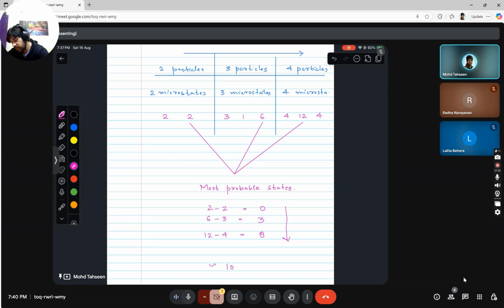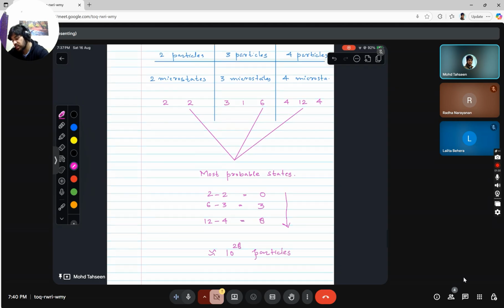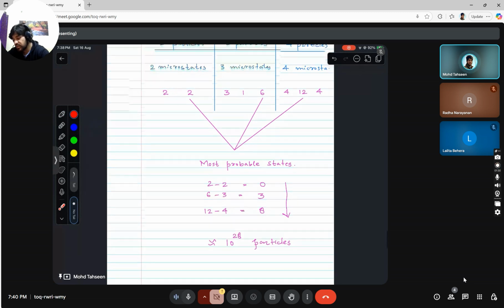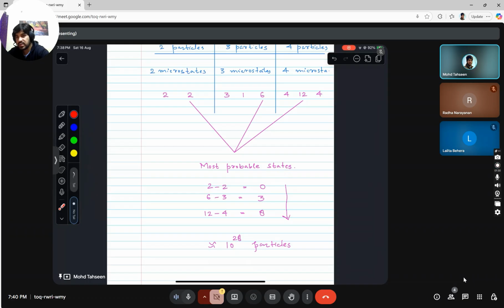And remember that in our system we had roughly this many particles. This is our system, per meter cube we had this many particles. So in such a large system, the difference between the most probable state and all other states combined is so large, many times larger than all other states combined.